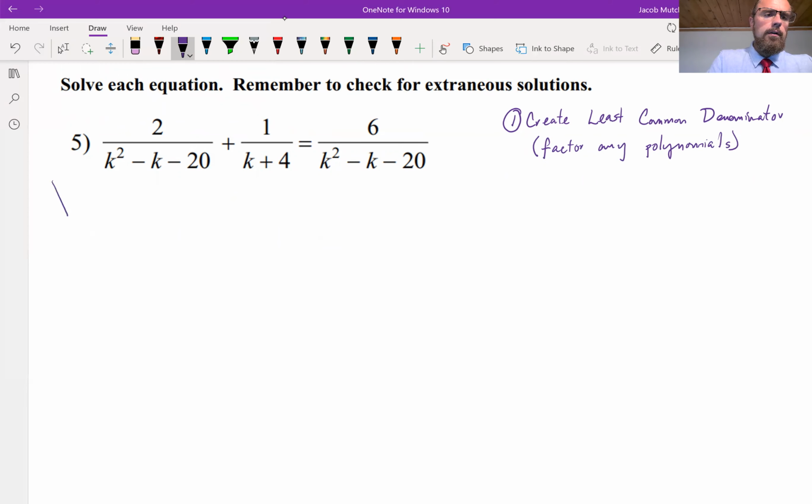So recall how we would factor that. I'm looking for two numbers that would multiply to this negative 20, the c term there. So what multiplies to negative 20 and at the same time adds up to negative 1, the b term. And so I see right away that that's going to be for us negative 5 and positive 4.